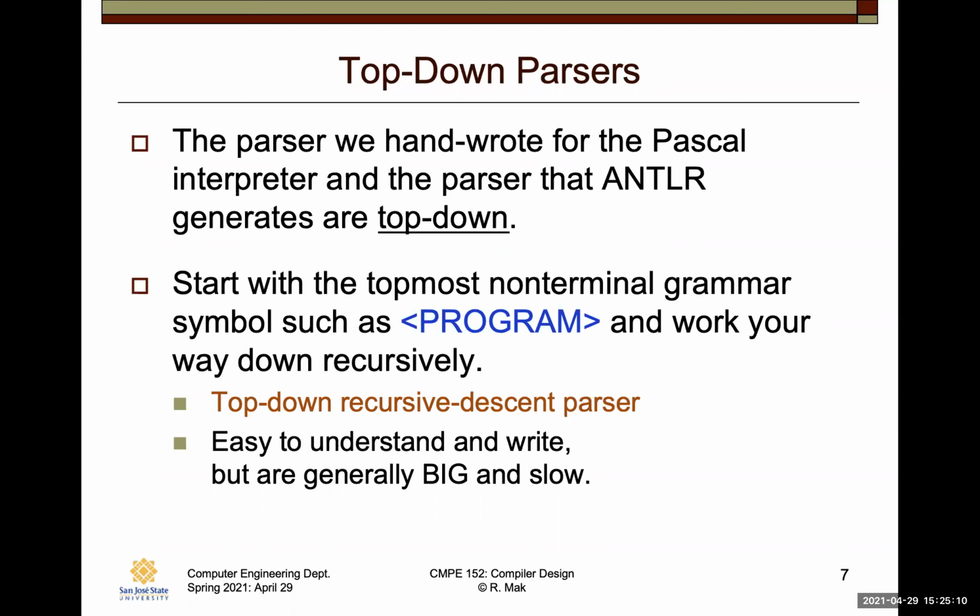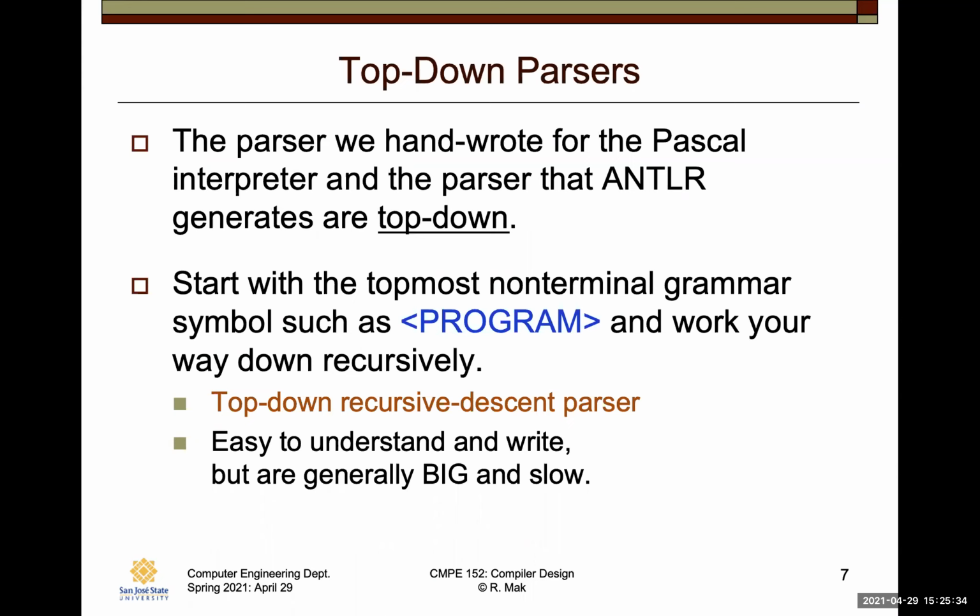An if statement has an if statement parser. A while loop has a while statement parser. There's an expression parser, and that's made up of a simple expression parser, a factor parser, etc. So you end up with lots and lots of these little parsing functions, and then they end up calling each other a lot.